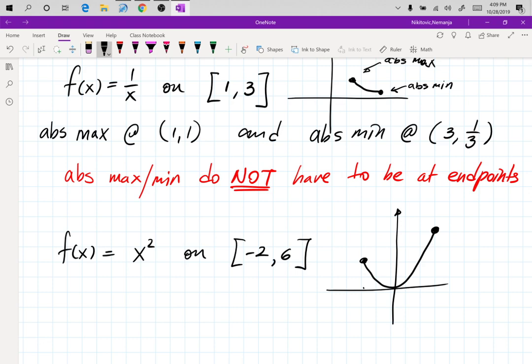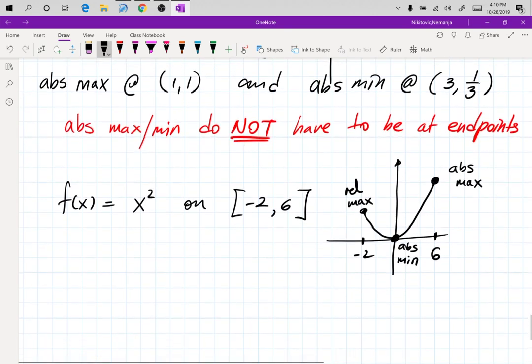So if this is my -2 and this is my +6, what do we have? We have ABS max at the endpoint. We have relative max at the endpoint, but your ABS min is not at the endpoint. You can have any combination.